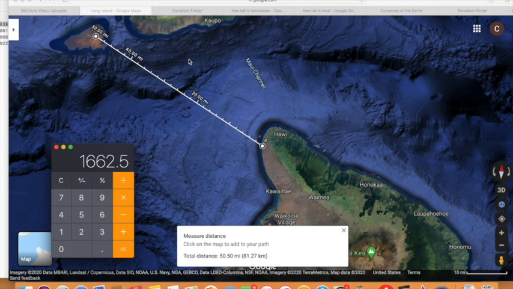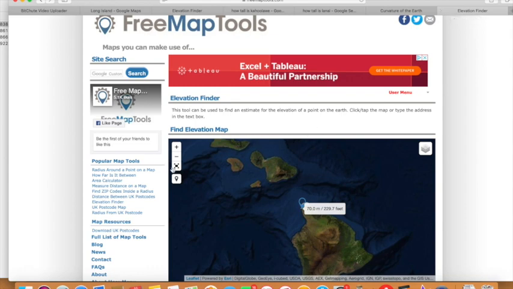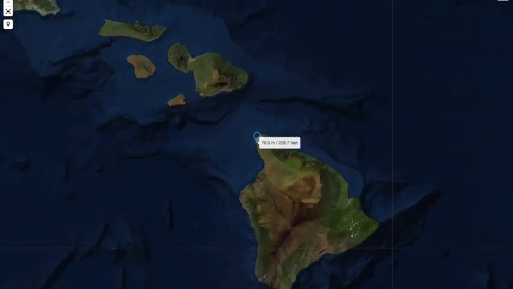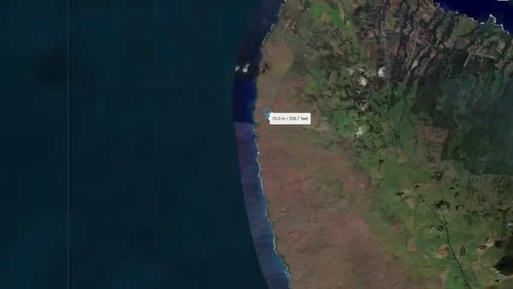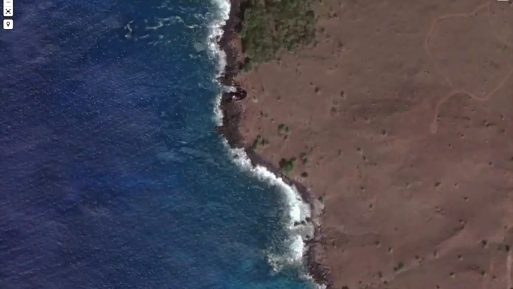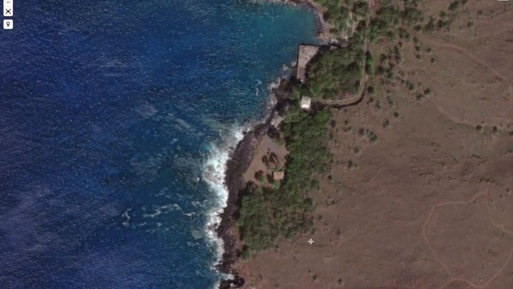So let's take a quick look at what I'm talking about here on my video. Hold on. Let's also look at the elevation of the spot where I was, because I clearly wasn't at ocean level. Looking down at Mahukona, Mahukona is right here.